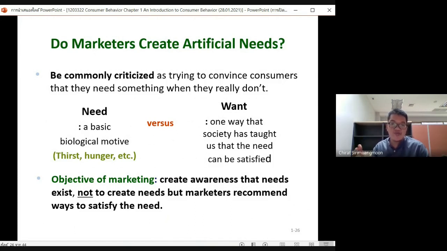So you fulfill your want but you don't fulfill the need. Okay, so again, for some of you who did not get it right now, a need is something that you must have, but a want is something that if you don't have it, that's fine. You are still alive or okay with that.